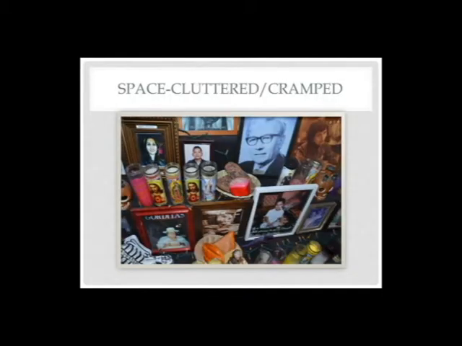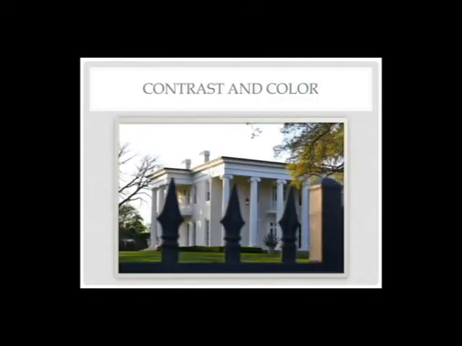An example of space, and being that it's very cluttered and cramped with the picture of the shrine here. So we've got lots of elements in a shrine with all the pictures and the candles, but it creates a very cramped or cluttered space. So another element and principle of design. Great example of how architecture can use the design principles and elements.